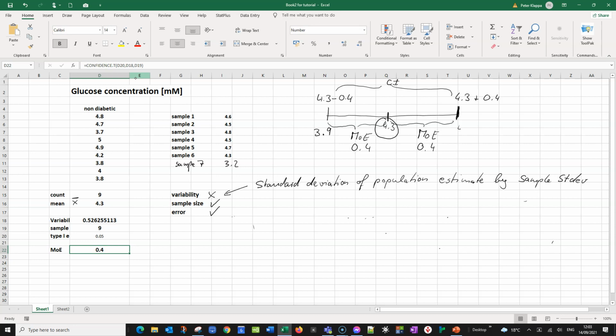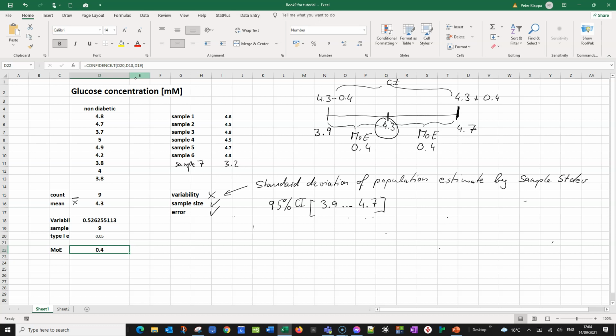So this would be 4.7. So we would report that the 95% confidence interval based on the sample would go from 3.9 to 4.7. And that's a decent way of reporting that.